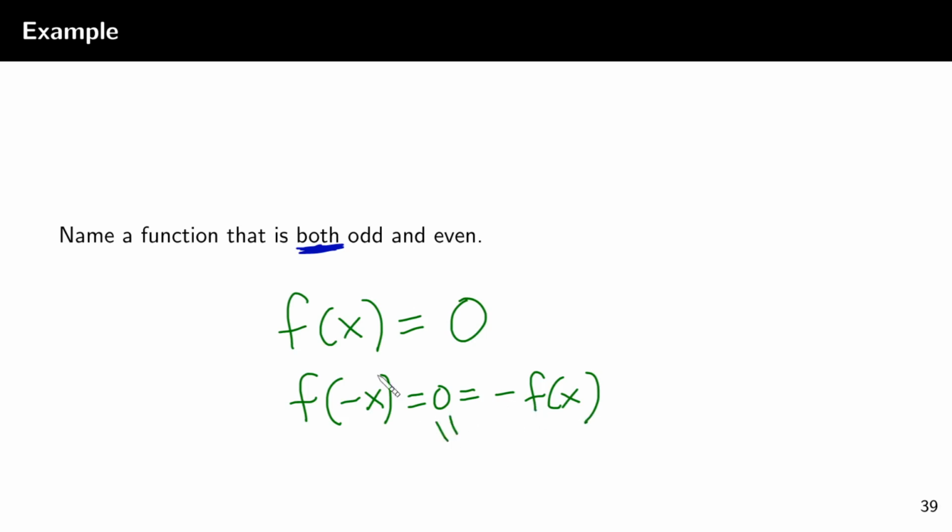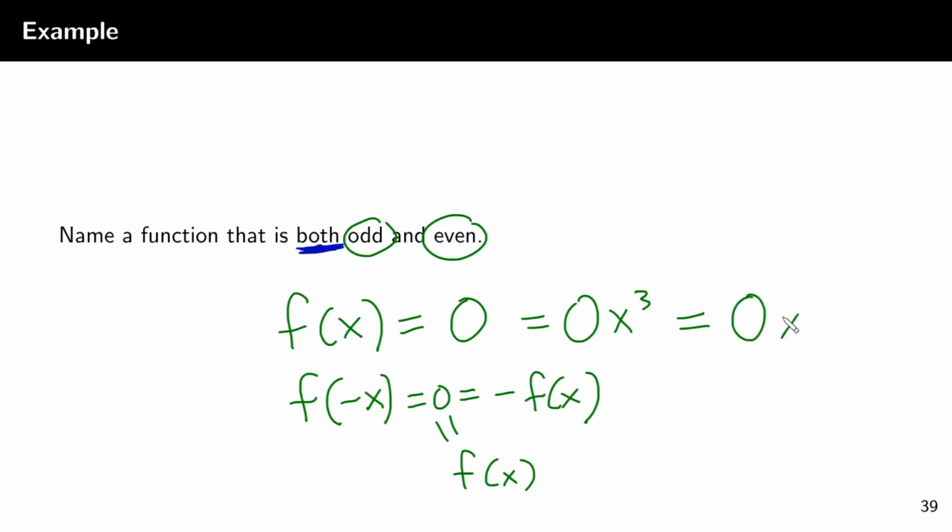But 0 is also the original function. So it's both odd and even. So in fact, pwede nating isulat ang 0 as either 0x cubed. So meron tayong polynomial function with an odd exponent. Pwede rin nating isulat as 0x raised to 4. So we have a polynomial function with an even exponent.